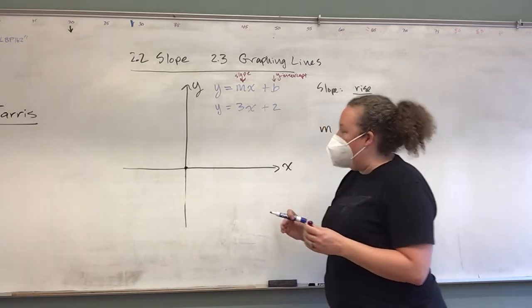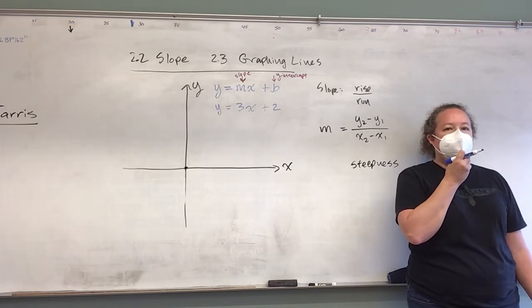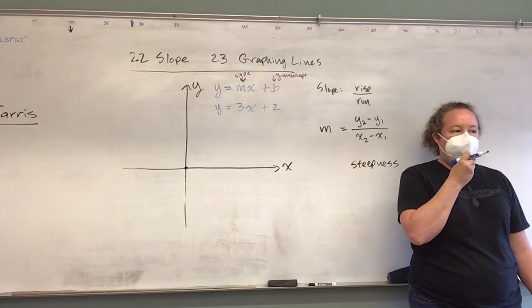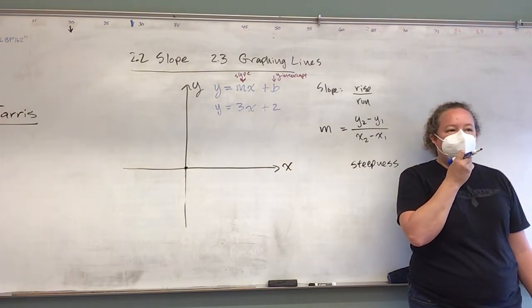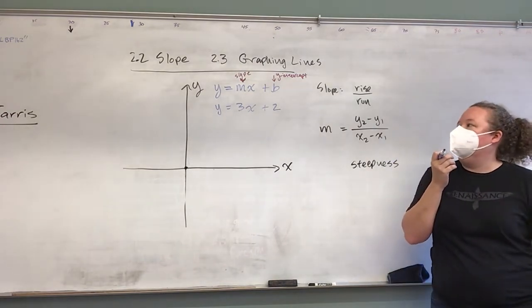Okay. So now if I'm going to graph this line based on this equation, what's the easiest way to start? What's a good starting place for graphing this line, if I'm going to graph y equals 3x plus 2?